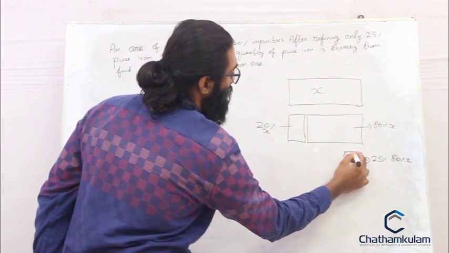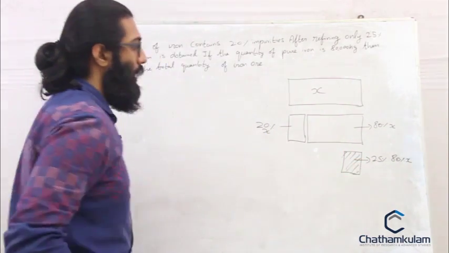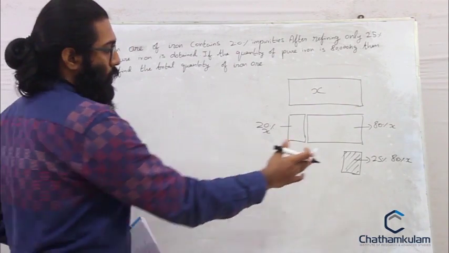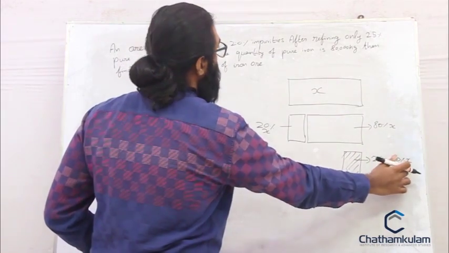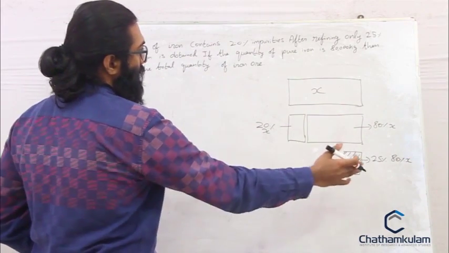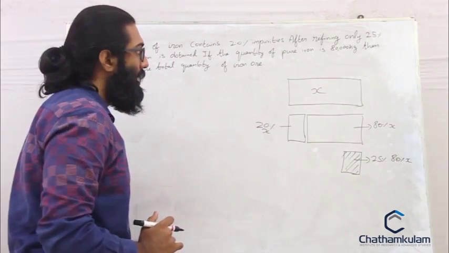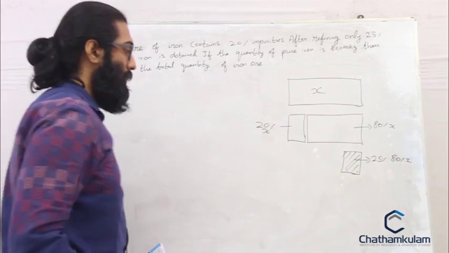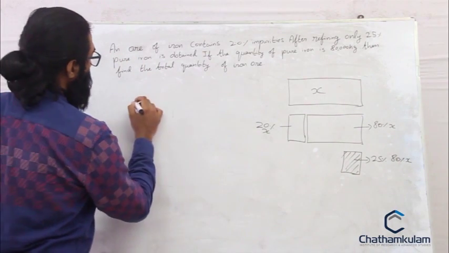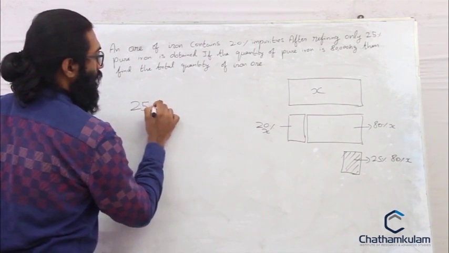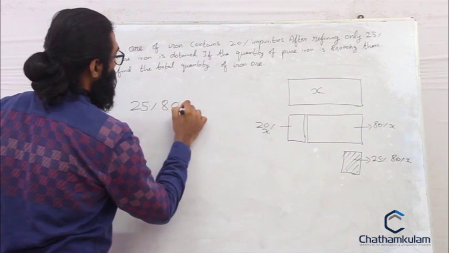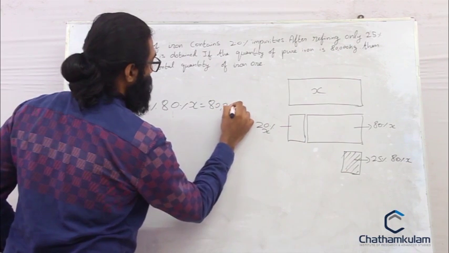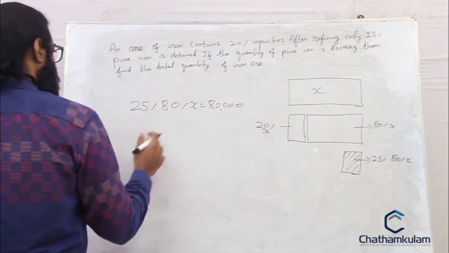So this is the amount. It's given that 25% of 80% of X is equal to 80,000 kilogram. That is, this is the quantity of pure iron, right? So we can write this formula as 25% of 80% X is equal to 80,000, right?